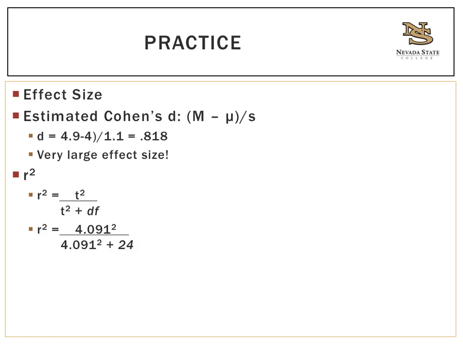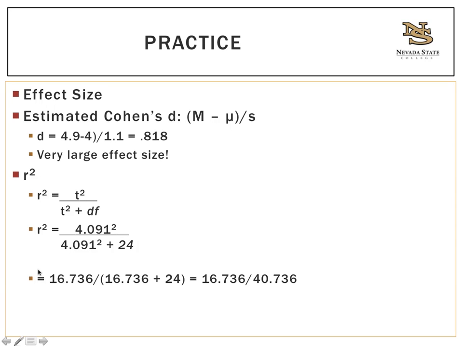So if we plug in the numbers that we got, our t was 4.091. We're going to go ahead and square that, all right? And then we're going to square it again on the bottom, and we add our 24 degrees of freedom. So if you do the math, we get that 4.091 squared is about 16.736.